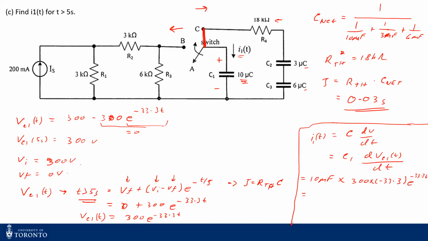So you'll end up having a value of 0.1 e power minus. Since the switch was closed at 5 seconds, this equation will be t minus 5. This is one thing you have to consider. So you will get minus 0.1 e power minus 33.3 (t minus 5). Right, so that's your I1(t).